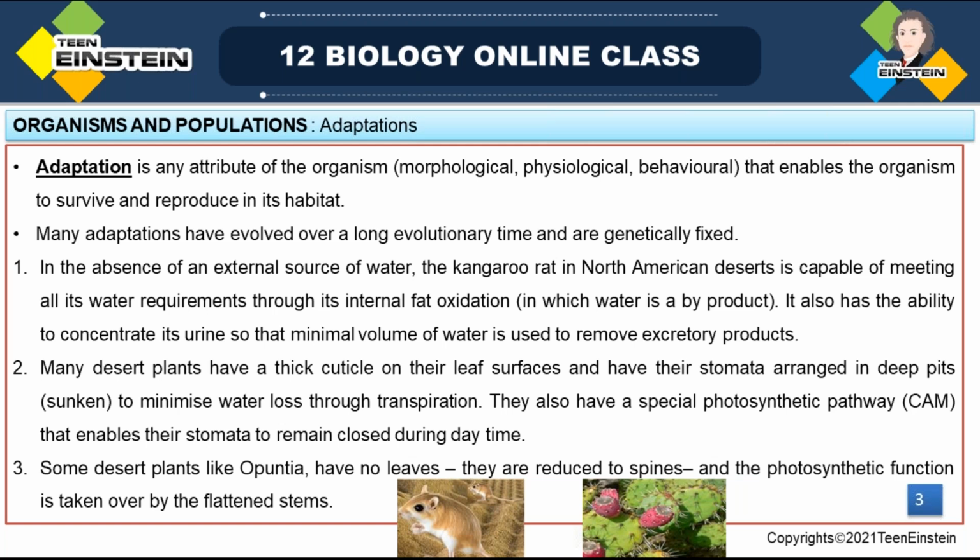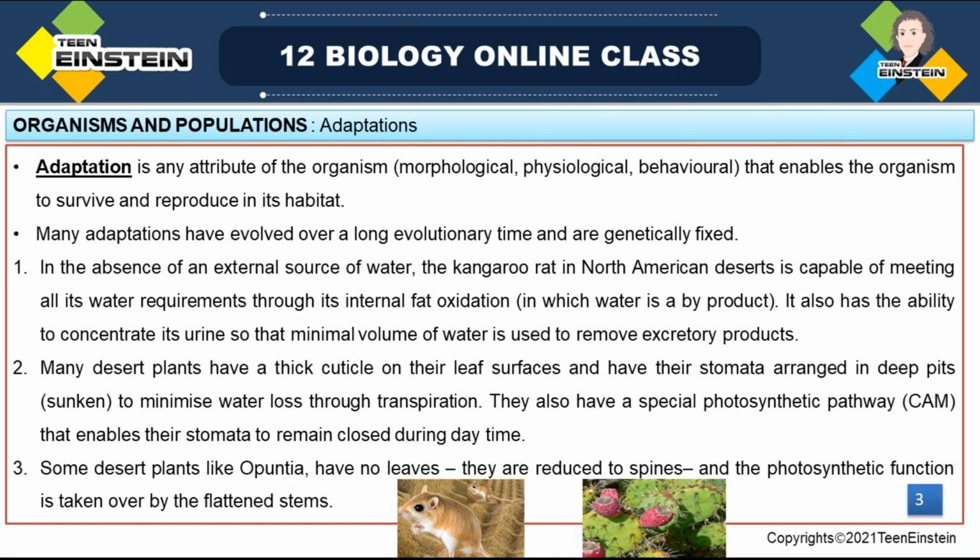But in the case of kangaroo rat, it can concentrate urine also. Okay, why is it doing like that? By this, it can save water, it can make sure that a minimal volume of water is used to remove the excretory products. Here in the case of humans and all, a more volume of urine is produced, and through that excretory products are getting removed, right?